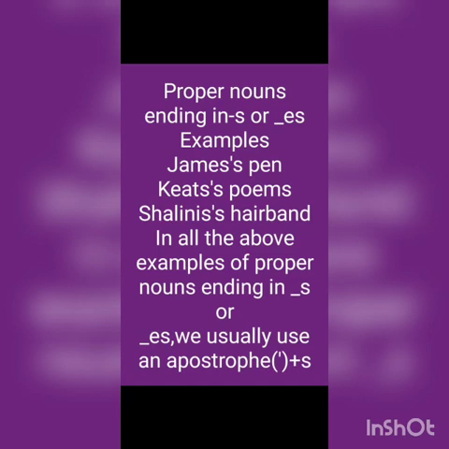James is a proper noun and it is ending in s. So in such cases, if the noun is a proper noun and ending in s or es, the apostrophe after s only, the apostrophe is used, and then again s is used. And James's pen, that means pen of James.